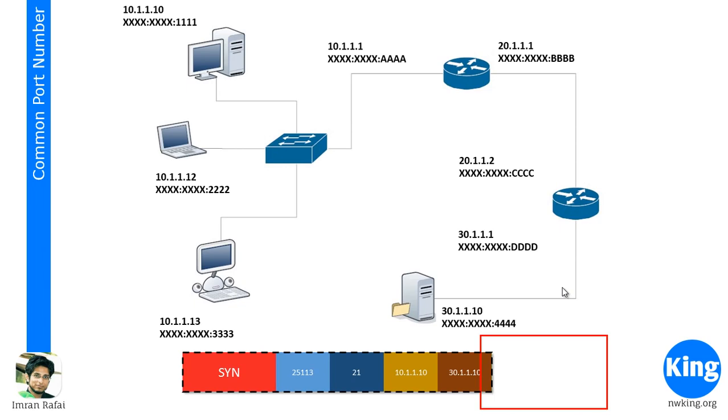Next, it looks at the IP address. The minute it sees the destination IP address is 30.1.1.10, it realizes that this packet is not for the router, but is going through the router, right? So it says, okay, I need to see where the 30.1.1.10 network is.